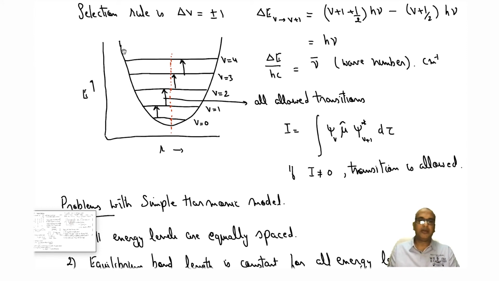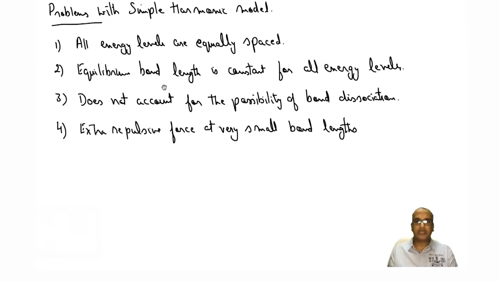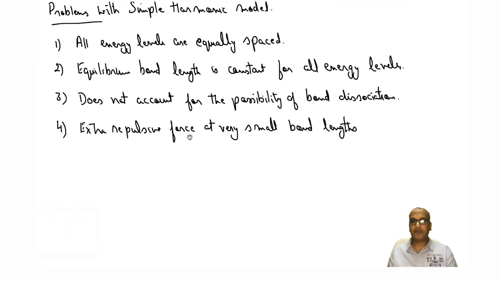If I keep continuing this, the energy will not go to infinity, whereas nuclear fusion reactions require very, very high energy compared to vibrations of a bond or dissociation of a bond, right? So this is not explained. The extra repulsive force which comes when you bring two atoms very close in space is not explained by the simple harmonic model.